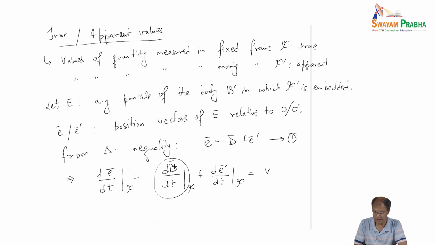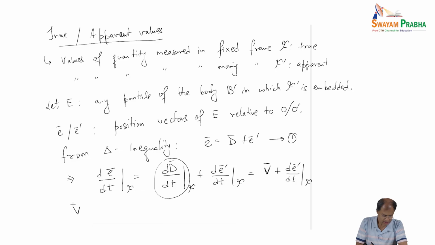Let us say the origin is also shifting for the moving frame with respect to the fixed frame, and the rate of shift we denote with the velocity v. So v plus dE prime/dt in F, and that is what we have.